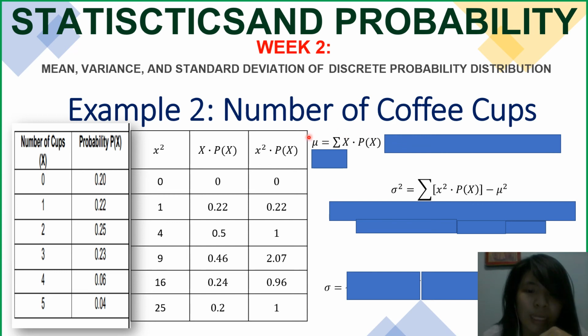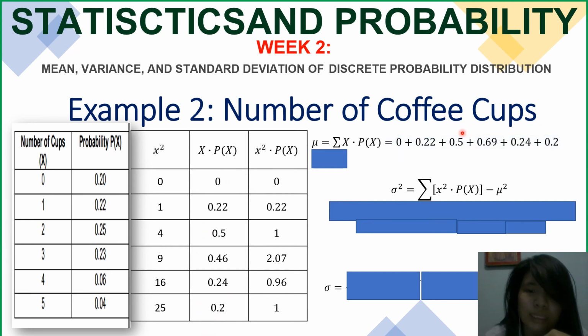So, in getting the mu or the mean or the average, whatever you prefer to call it, we use the formula of summation of x multiplied by p of x. Since we already have x and p of x, let's refer to the third column. Just get the sum of all of this.